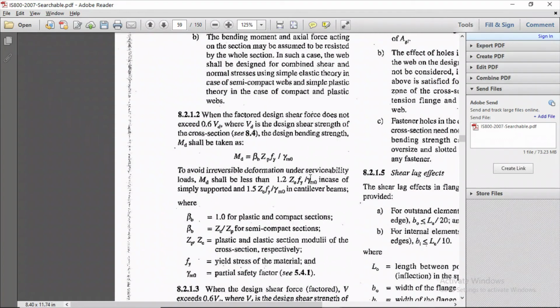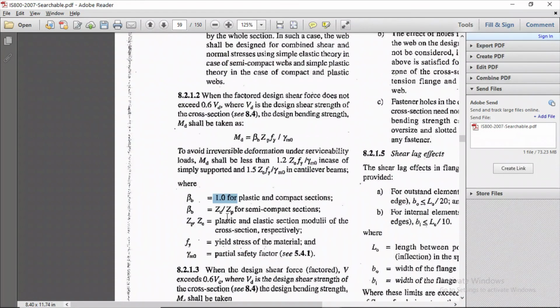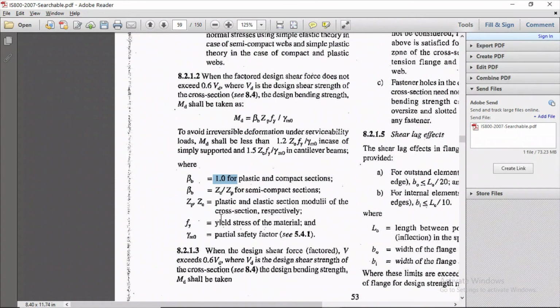Next, beta B is 1 for plastic, this is also coming from there. The gamma MO is the partial safety factor, we can see from clause number 5.4.1. So this is the formula that is used for calculation of the moment capacity.